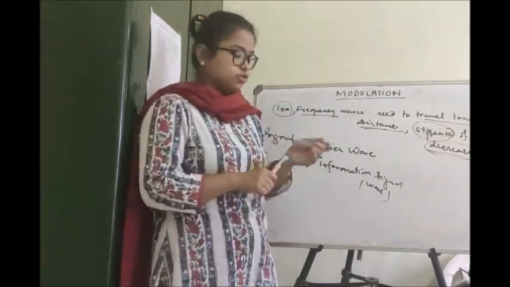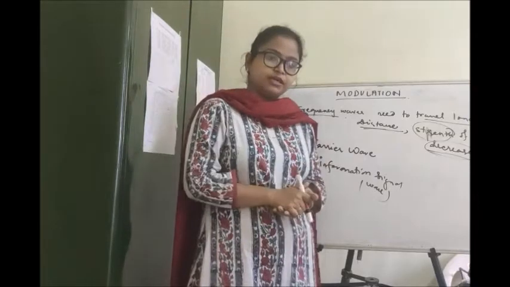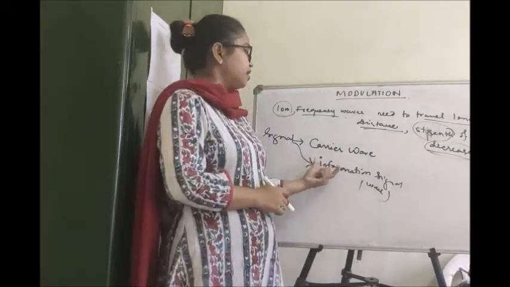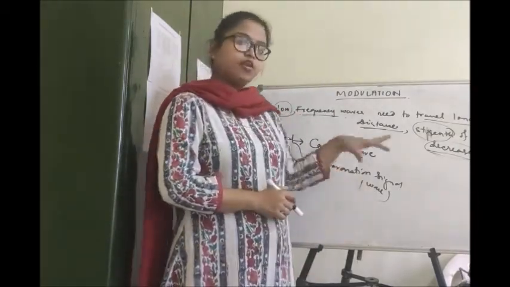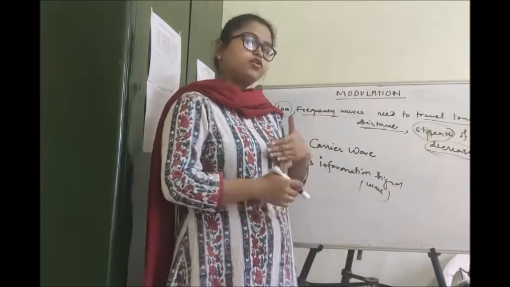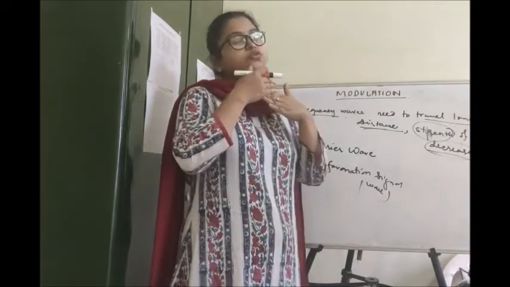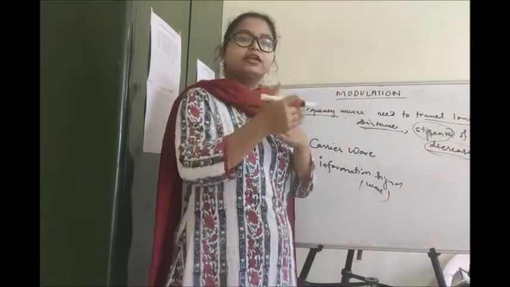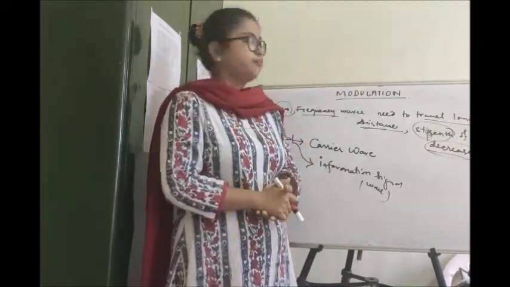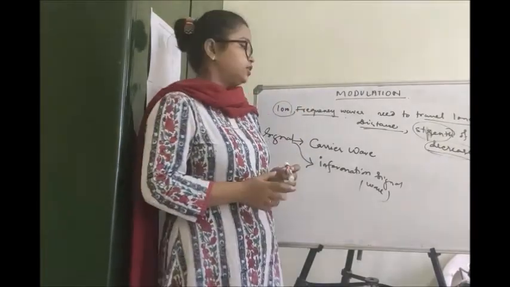So what is modulation? Modulation means encoding the information signal along with the carrier wave in order to enable the signal to not lose its strength, to travel long distance and ultimately reach its destination. Okay, so that is what modulation is.